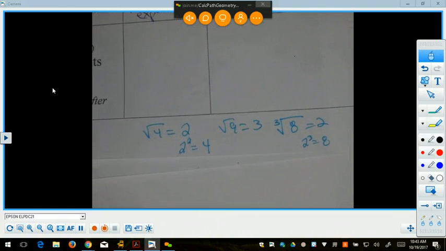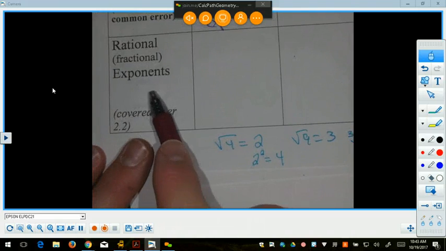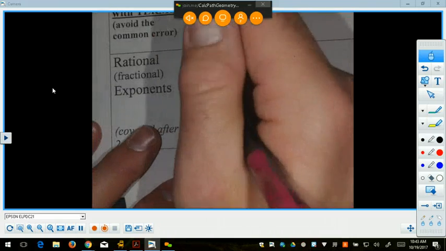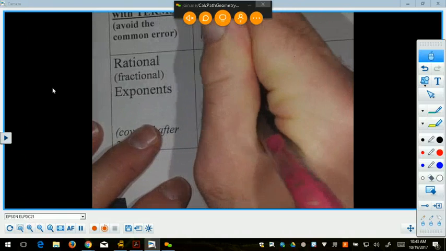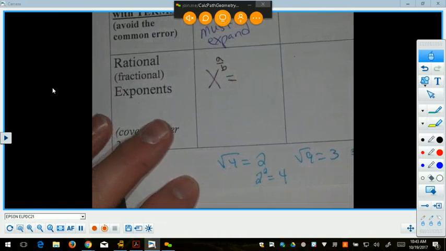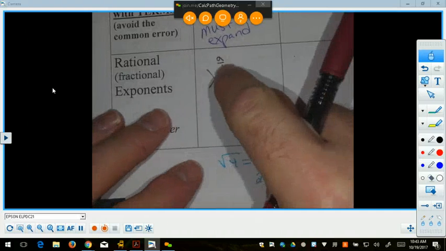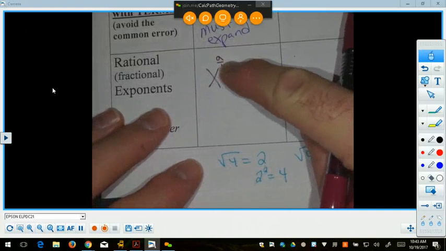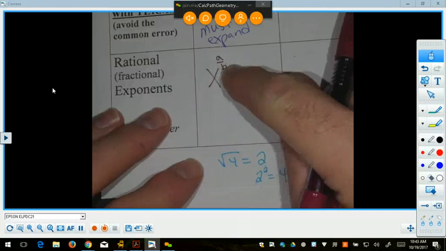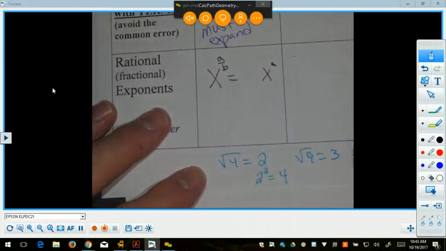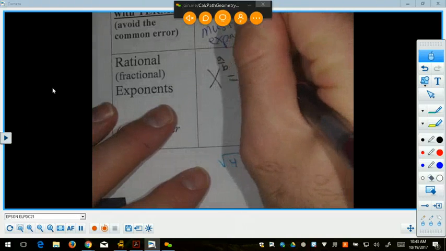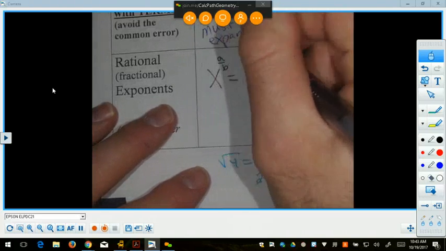Now that you know that, that's going to help as we talk about rational exponents. X to the a over b is equivalent to, well, first off, it was just x to the a, I would say I had a factors of x, right? I still have a factors of x, but the b indicates how many roots I'm taking.